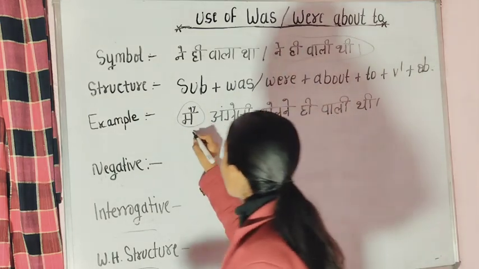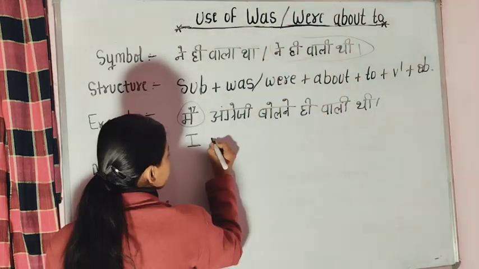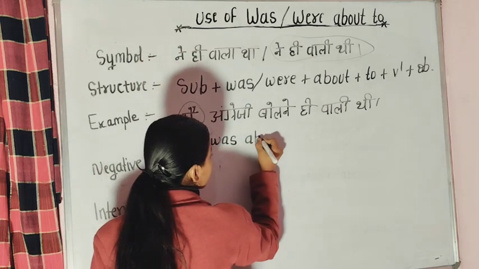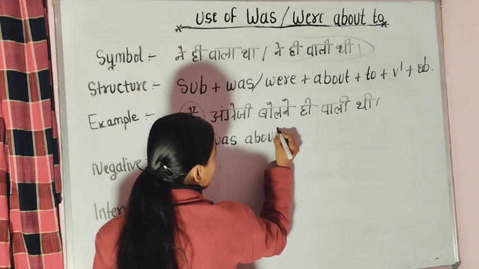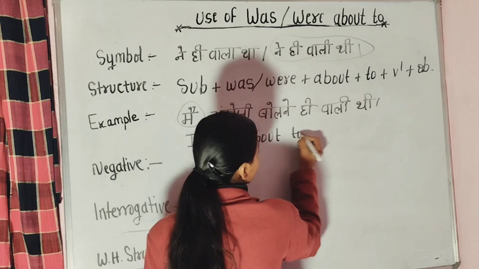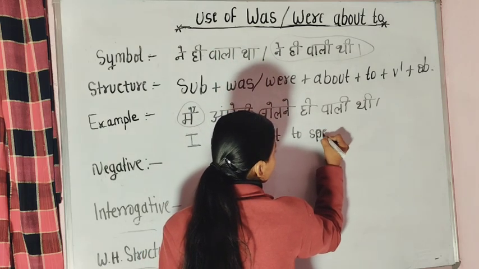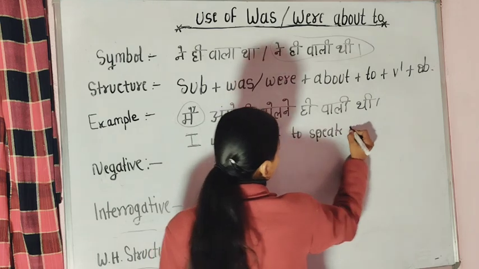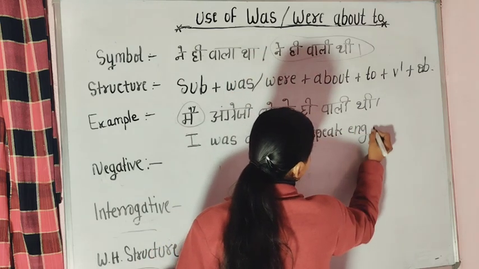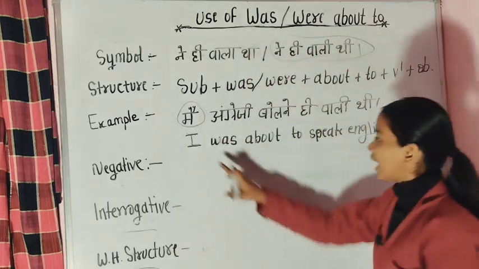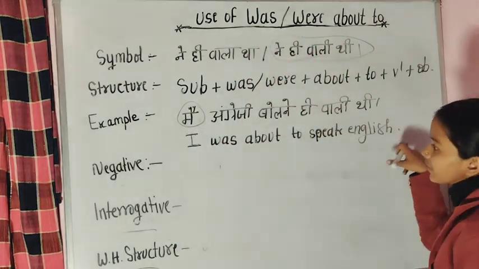So we have to write: I was about to speak English. You can see the example. I was about to speak English.